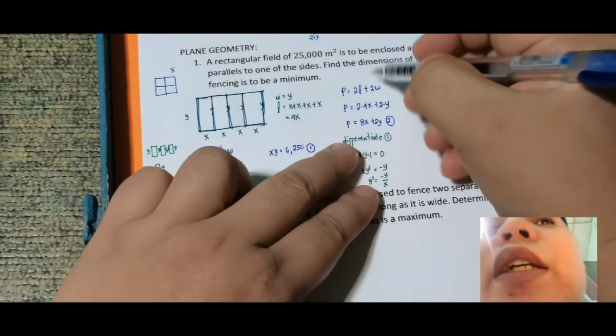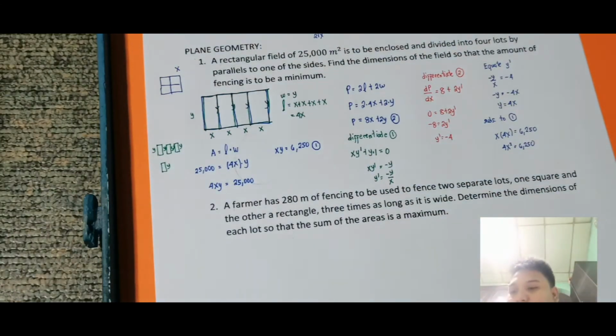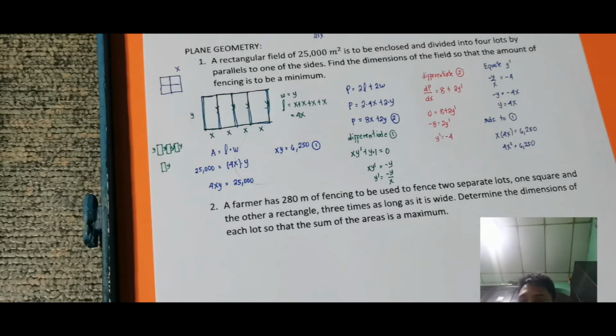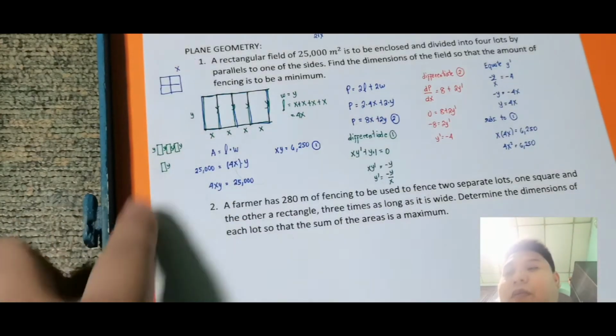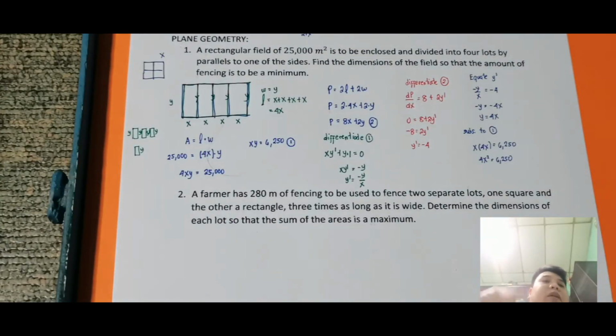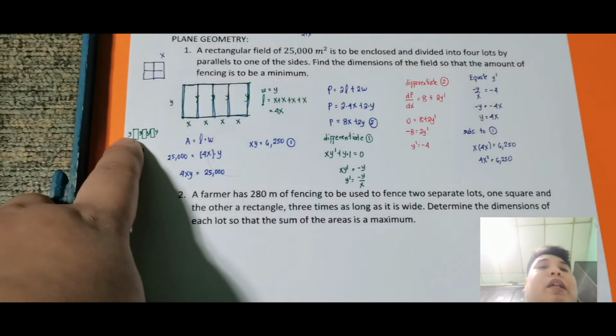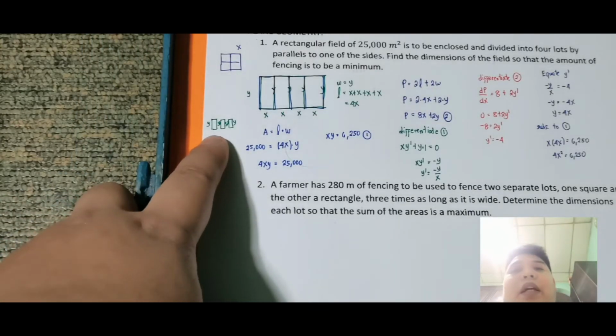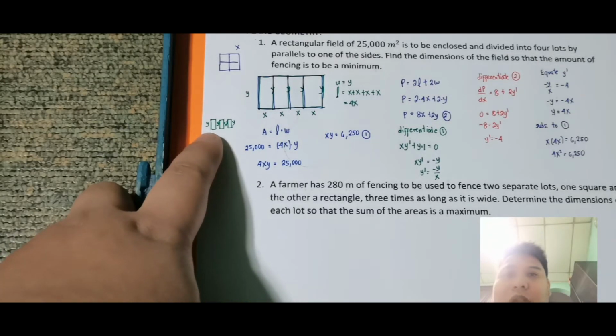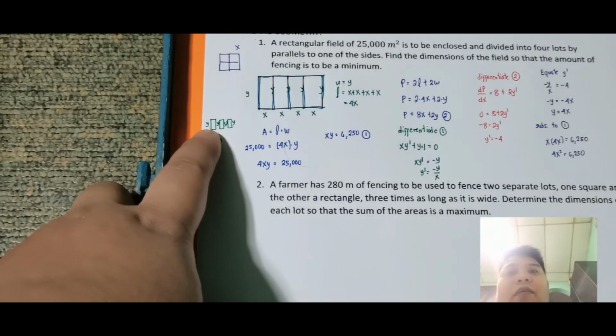So dapat ito ay 2 times 5x plus 2 times 5y, or ilang y to? So again, ganito yung mangyayari sa perimeter. Since pinaghiwa-hiwalay siya, so ano perimeter nitong isa? So kada isa, ang perimeter niya is 2x plus y.